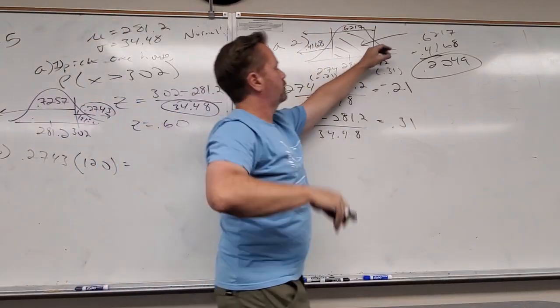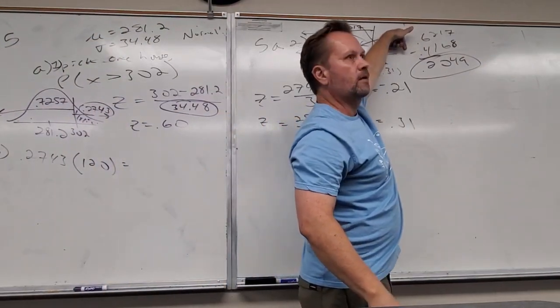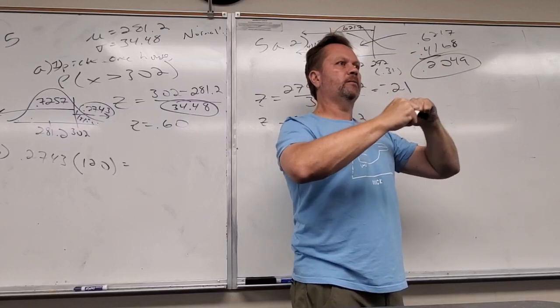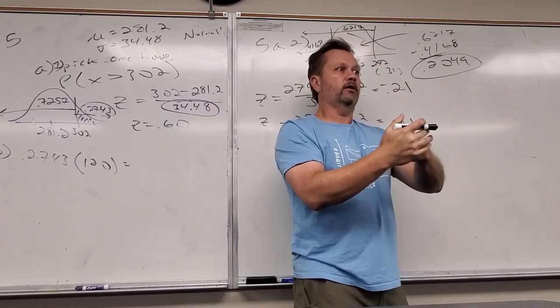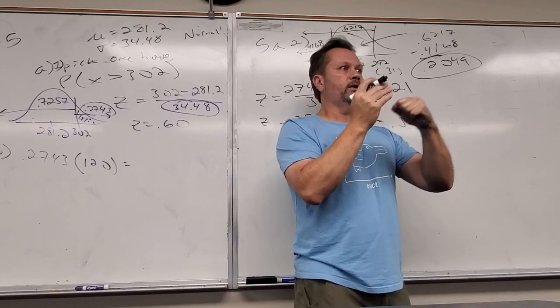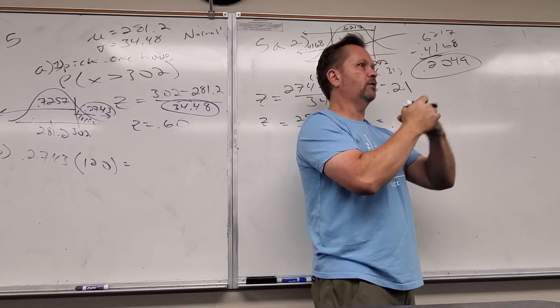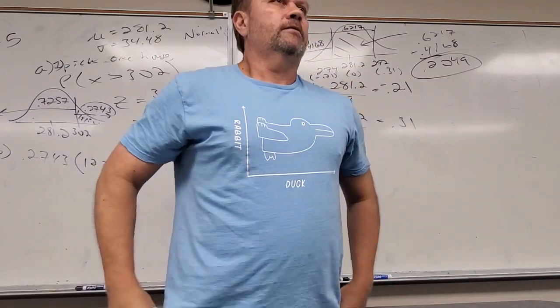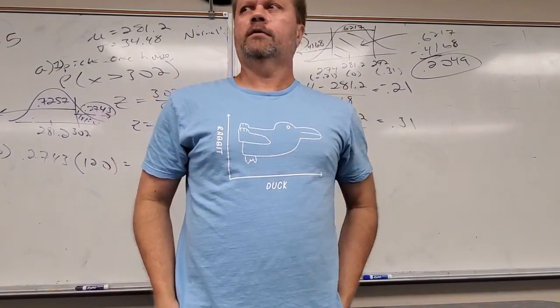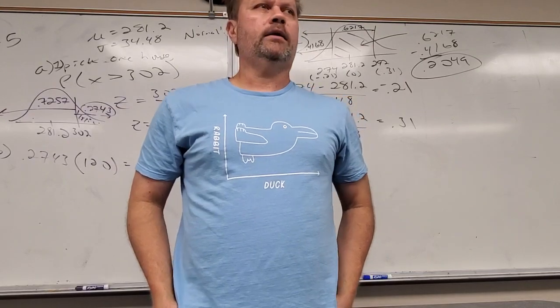Sometimes people will subtract these the wrong way and get a negative answer and then circle it. And I'm like, okay, area can't be negative and probability can't be negative, right? The probability that I get hit by a meteor is negative 10%. What does that mean? Is that cool? Okay. I like it.